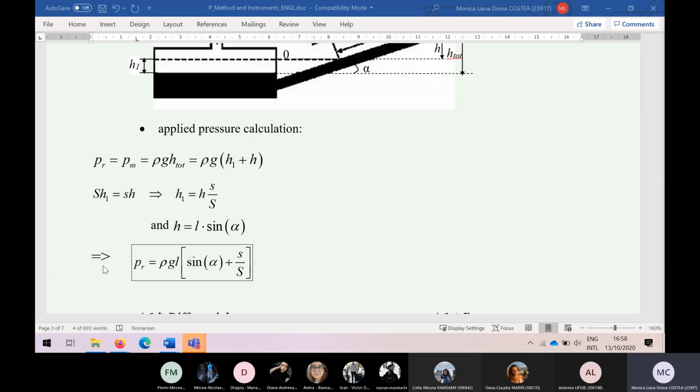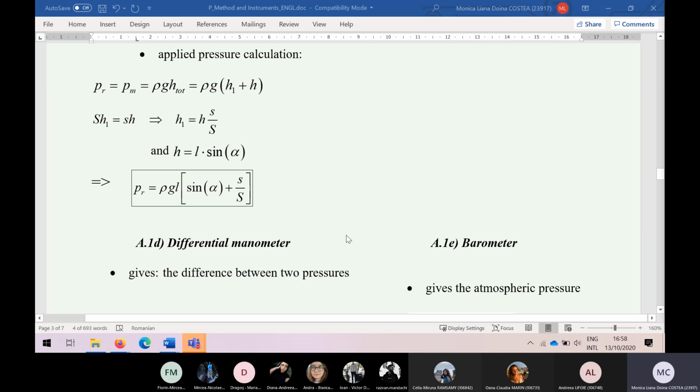Again, the constant of the apparatus contains all properties except the answer, which is given by L, the length on the inclined tube.